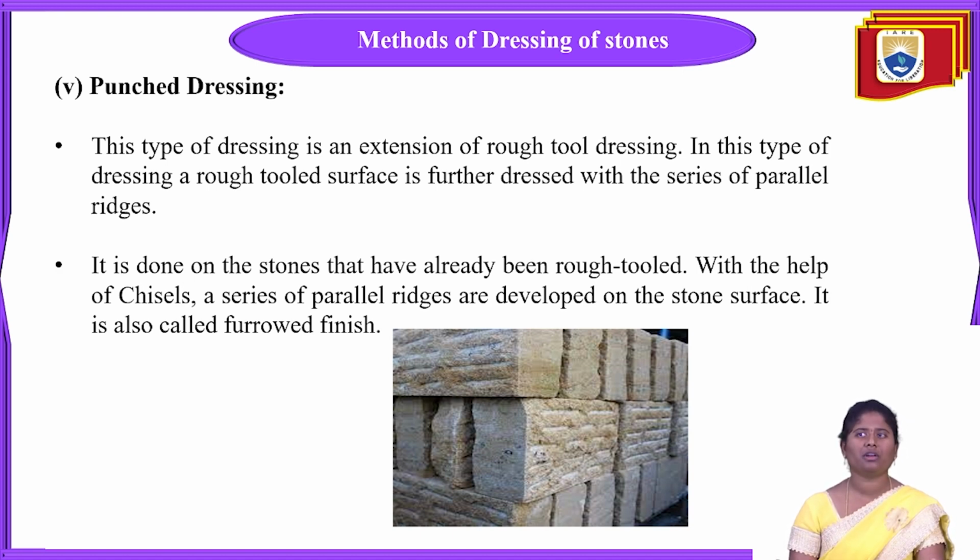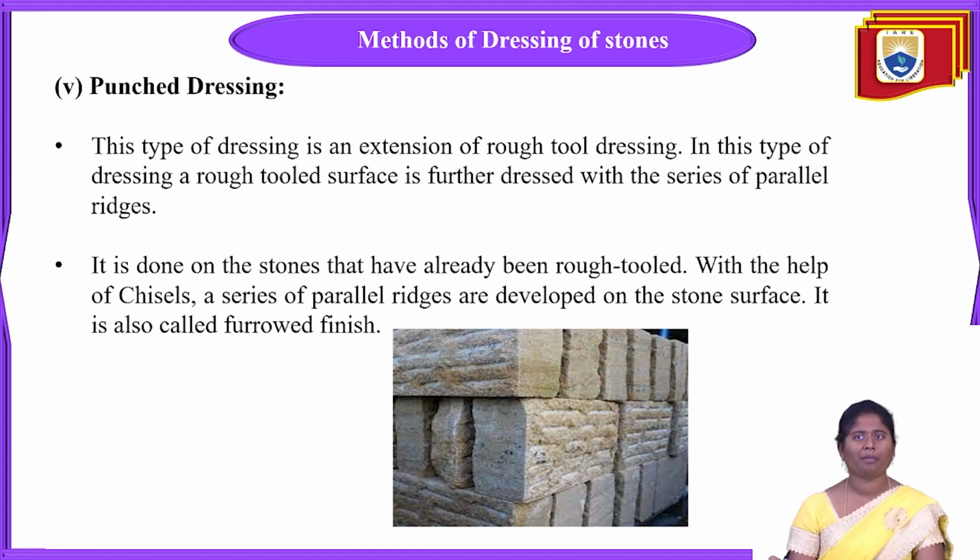In this punched dressing, we take that rough tooled dressing stone. That stone will have a rough tooled surface, and that rough tooled surface is further dressed with a series of parallel ridges.